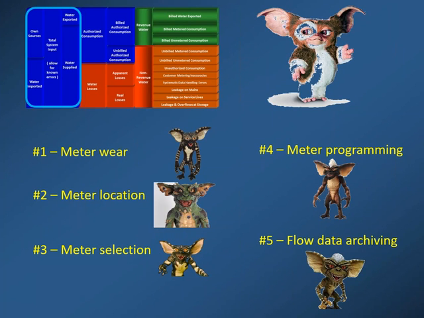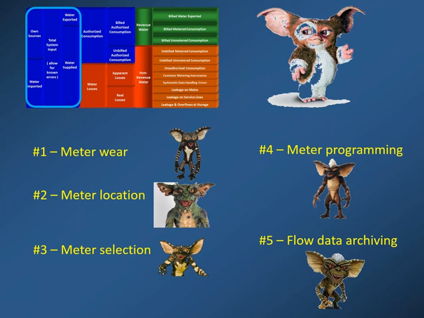All right, so for those of us who remember the movie from 1984, our gremlins that we talked about in class, a few of these just to refresh ourselves. Our gremlins on the production side, those gremlins that can create error in the measurement and reporting of how much water we produce. By the way, you may remember we said this a couple times in class, that's the most important number in the whole water balance.